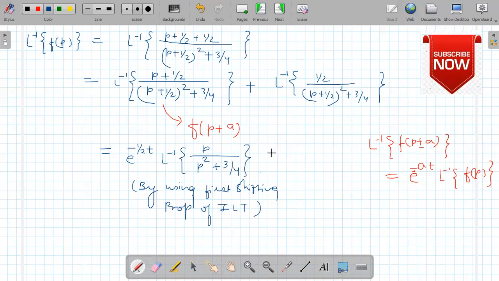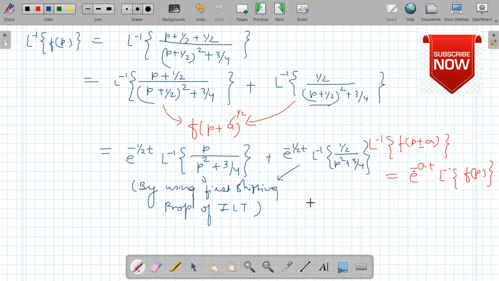And second expression is again a function of p plus half. This is also a function of p plus a, a here is half. Okay, so this is equal to e raised to the power minus half t Laplace inverse of half over p square plus 3 upon 4. Both are from first shifting property.